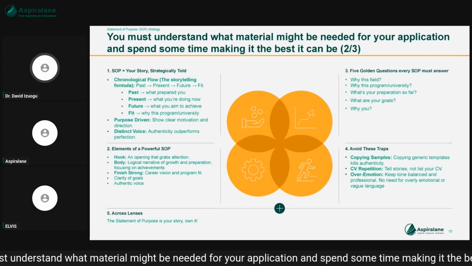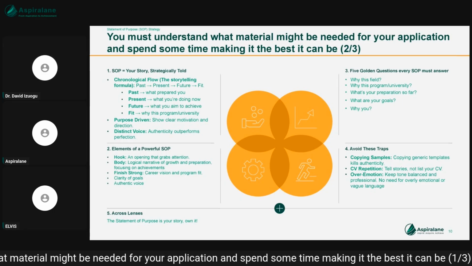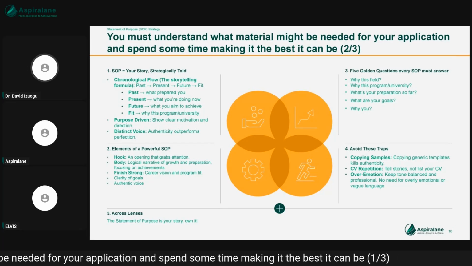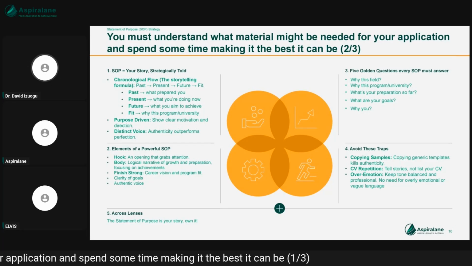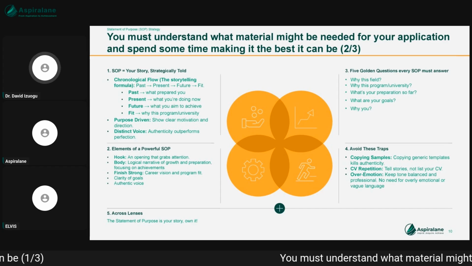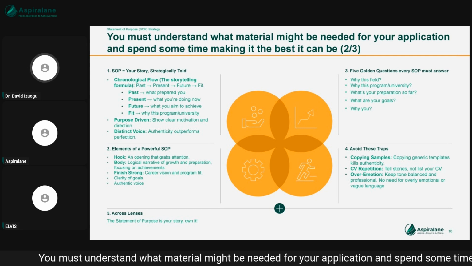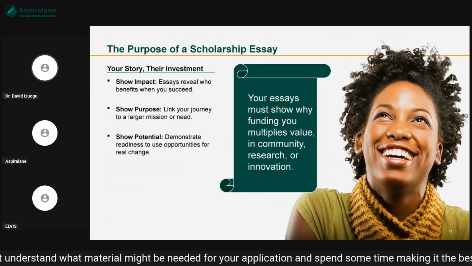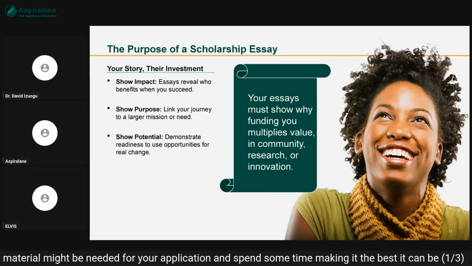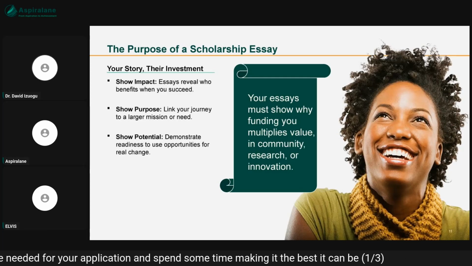So you must keep the tone balanced and professional. There's no need for overly emotional or very vague language. The statement of purpose is your story. The summary of what we are saying here is: you should own it. All right, you should own it.